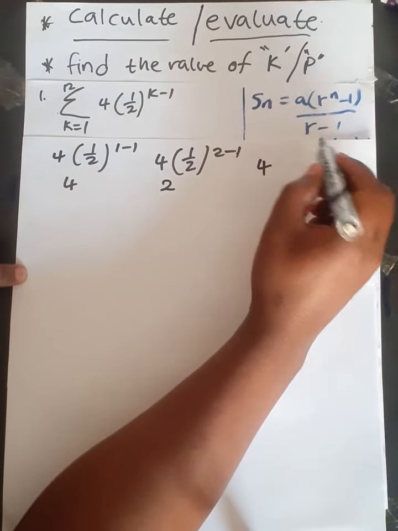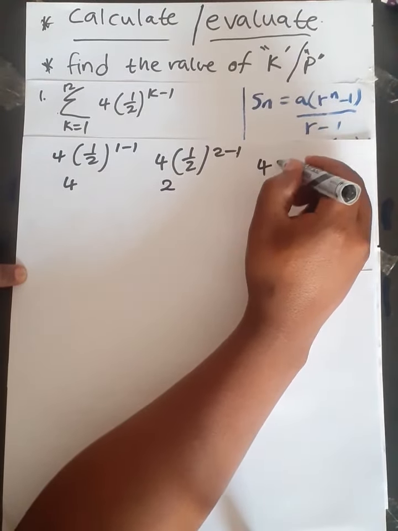And then our last term, we will have 4 times 1 over 2 raised to, we substitute 3 instead of k. It will be 3 minus 1, so 3 minus 1 would be 2. 1 over 2 raised by 2 is 1 over 4. 4 multiplied by 1 over 4 is 1.